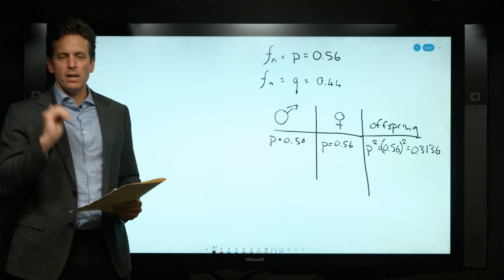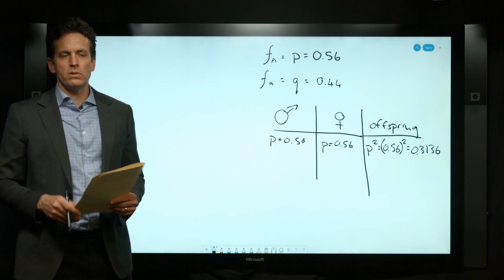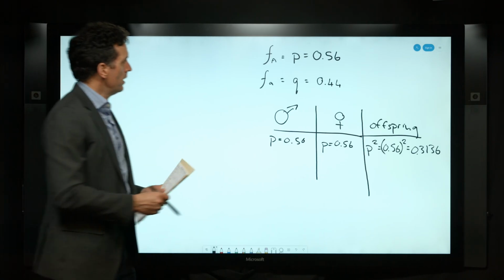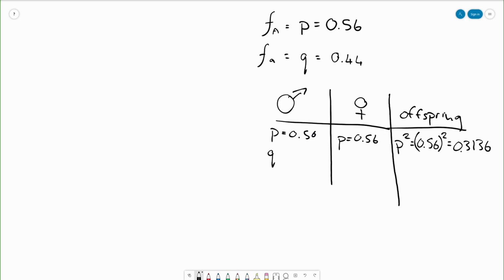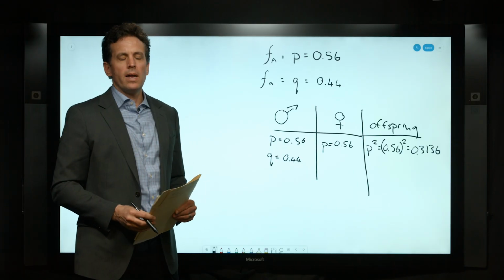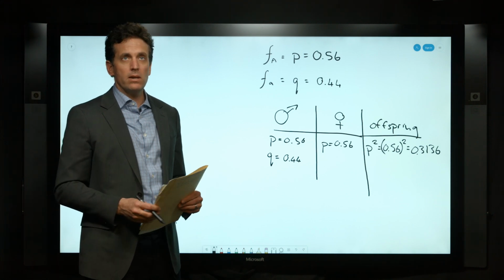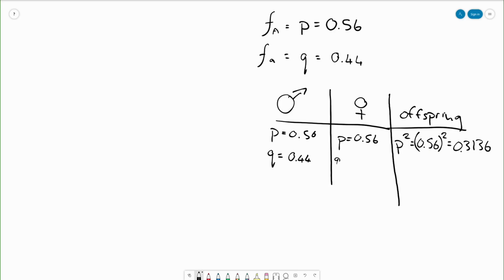Now let's think about the little a allele. So if we randomly sample the gene pool to form a male gamete, what's the probability it's going to have a little a allele? Of course, that's going to be our allele frequency of Q, which is 0.44. And similarly, if we randomly sample and generate a female gamete, what's the probability it's going to have a little a allele? Well, that probability is going to be 0.44.